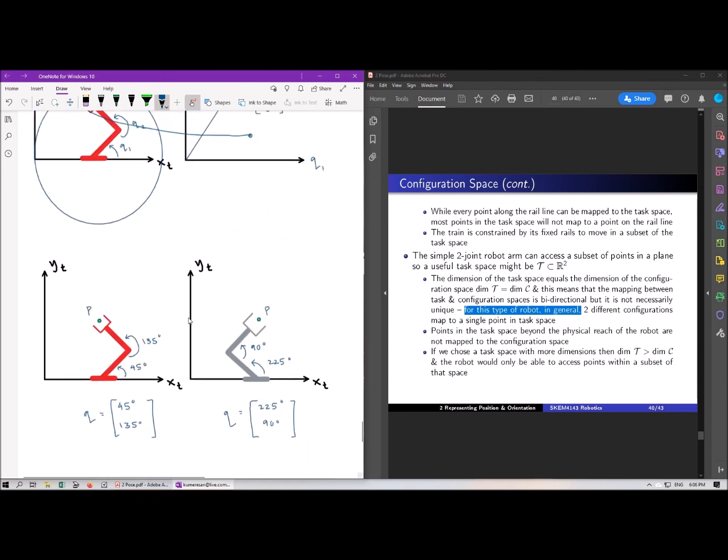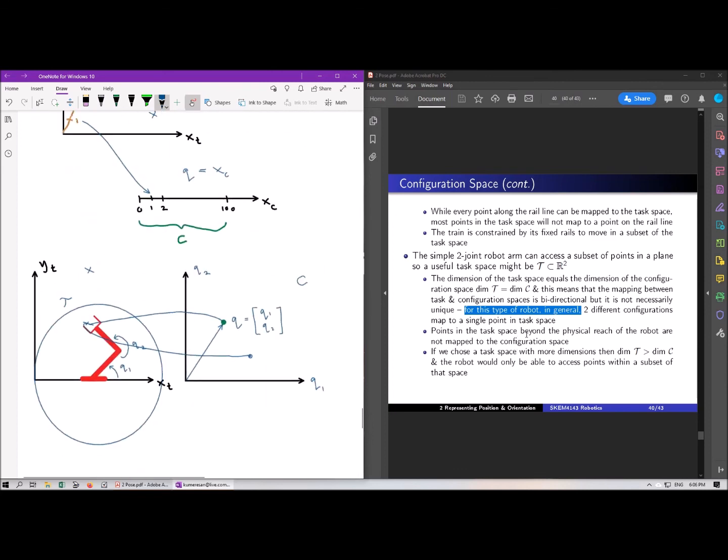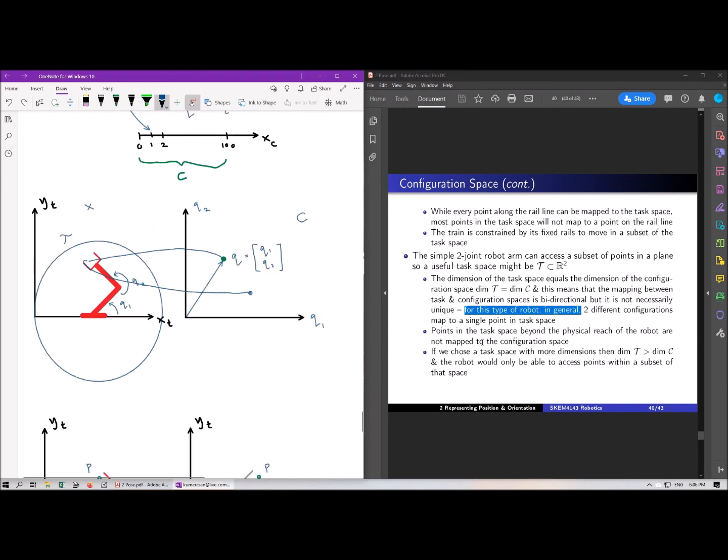Points in the task space beyond the physical reach of the robot are not mapped to the configuration space. Like I said earlier, for a point beyond the task space, we cannot find a mapping from here to the configuration space.